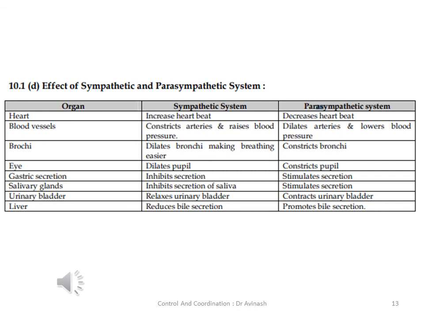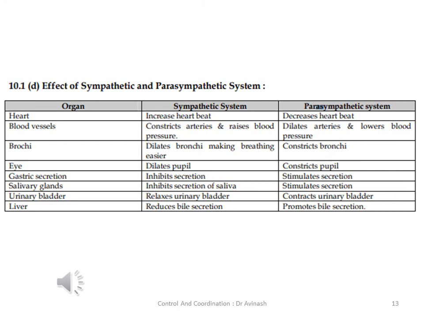Whereas parasympathetic system, what it will do? Dilates arteries and lowers blood pressure. Bronchi: sympathetic system dilates bronchi, making breathing easier, whereas parasympathetic system constricts the bronchi. Eye: sympathetic dilates pupil and parasympathetic constricts pupils.